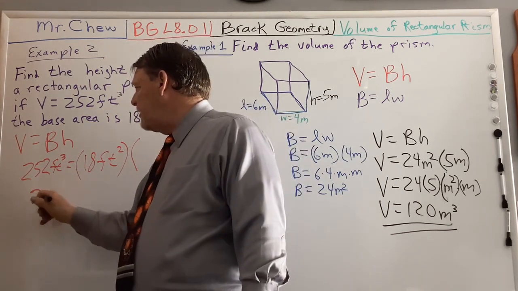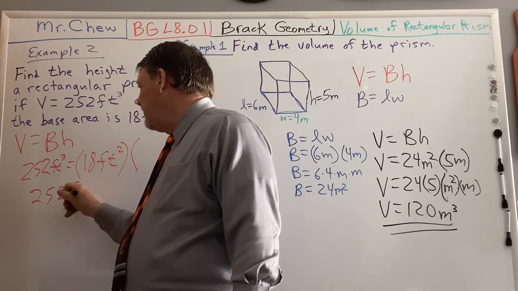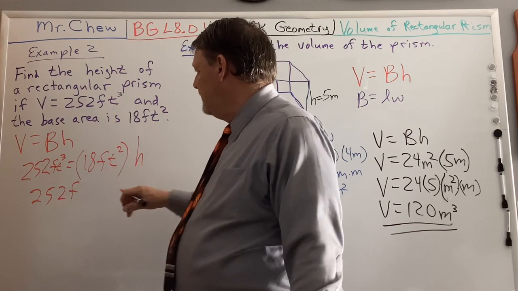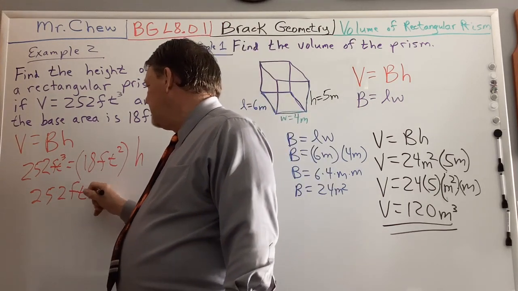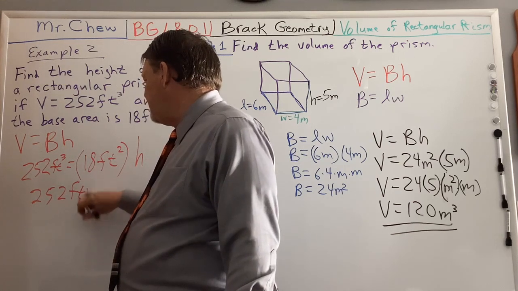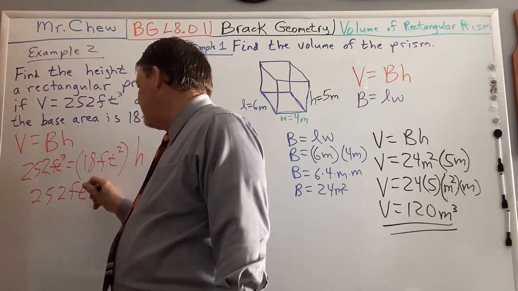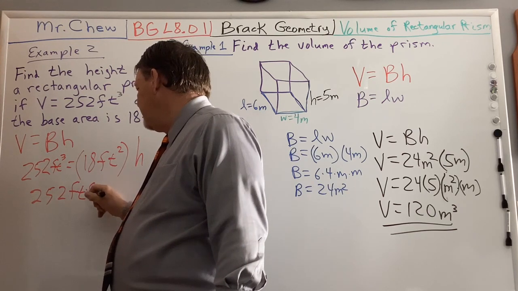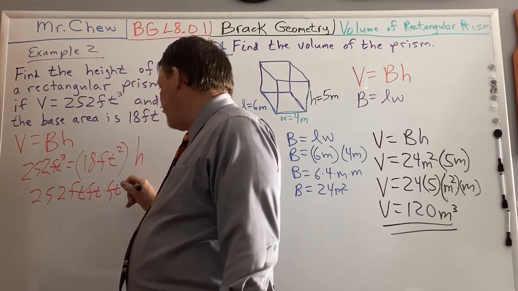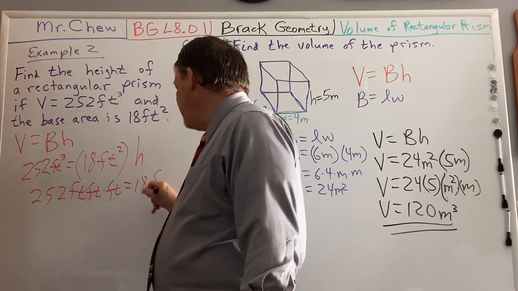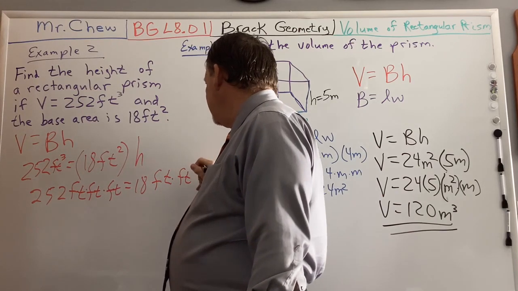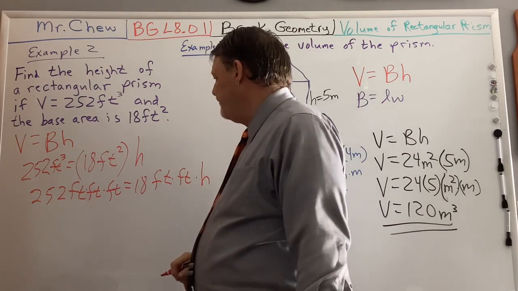So I have 252, and this is times the height here. Feet times feet times feet. It just makes it easier when we cancel it like this. Feet cubed is feet times feet times feet, and that equals 18 feet times height.